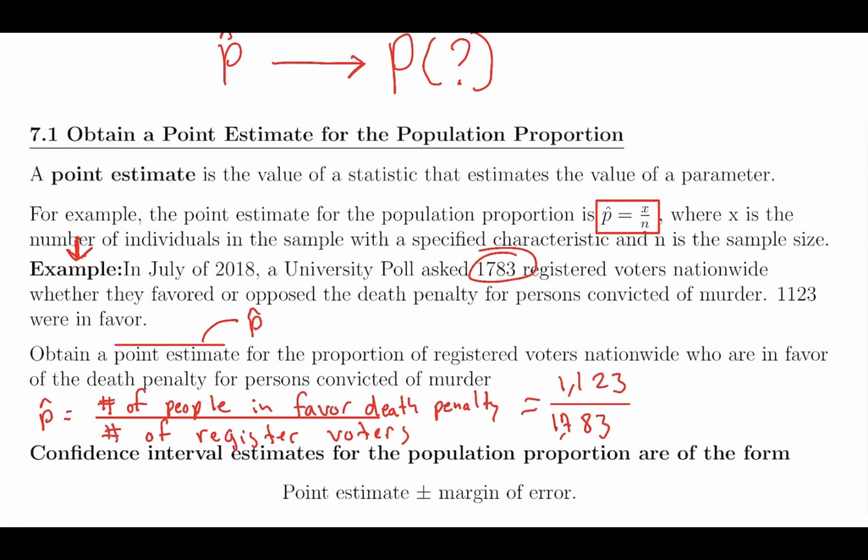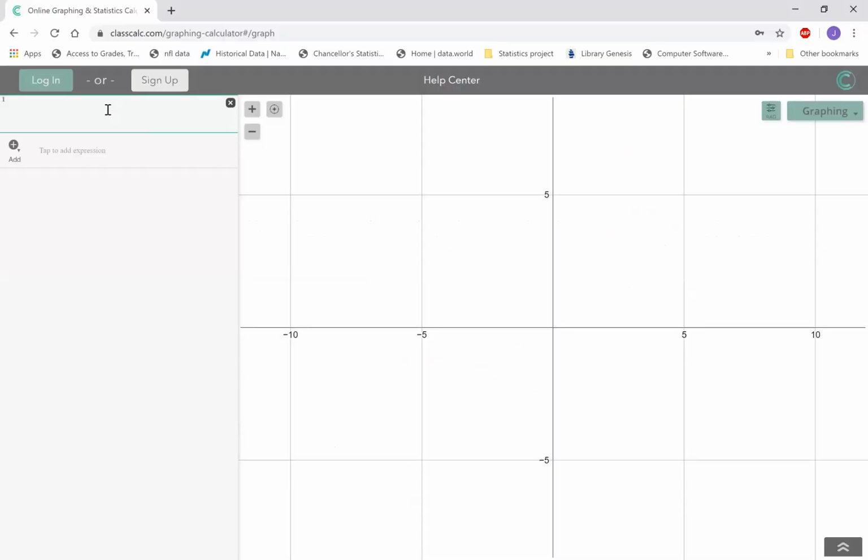Cool. Thanks, Edgar. All right, so all we have to do is divide this up. Let's go over to ClassCalc to divide it. We can say 1,123 divided by 1,783. And that's our answer.